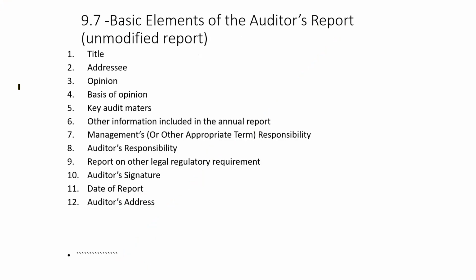But from 2017 onwards, the basic elements in an unmodified audit report changed to this. So this is now the format for an unmodified audit report. Kindly take note of it.